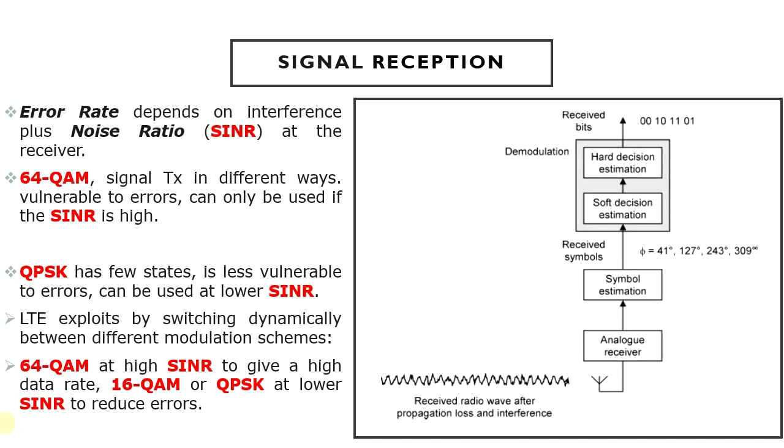In contrast, QPSK only has a few states, so is less vulnerable to errors and can be successfully used at a low SINR. LTE exploits this by switching dynamically between different modulation schemes. It uses 64 QAM at a high SINR to give a high data rate but falls back to 16 QAM or QPSK at a lower SINR to reduce the number of errors.